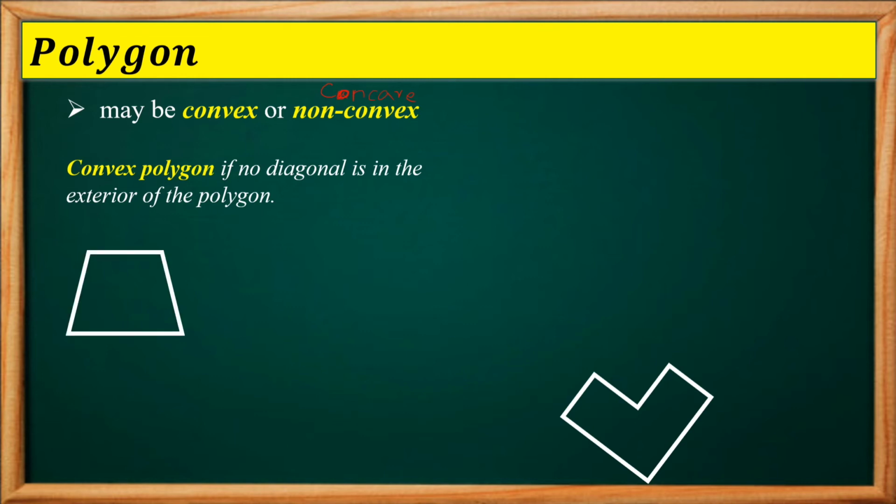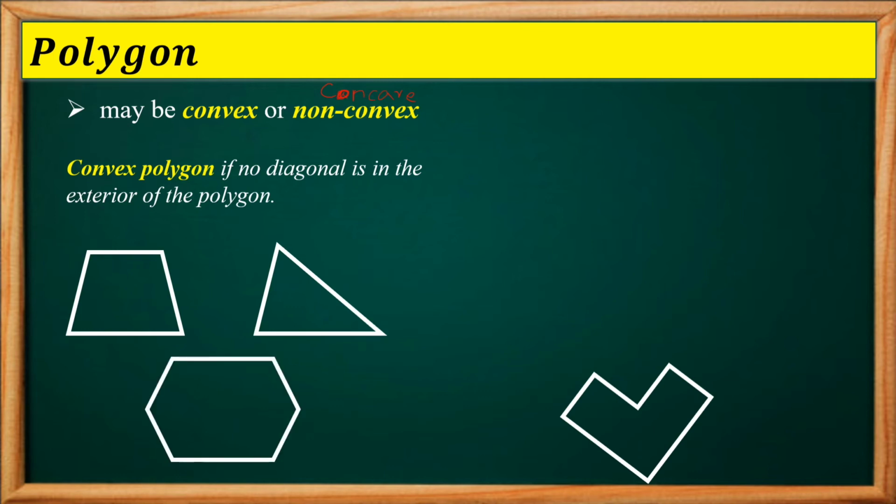Next. Okay, these are the examples of the convex polygon. Ayan. We are talking about diagonals. If we have a point here, then another point here, and we draw a diagonal, nandun siya sa loob ng polygon natin.